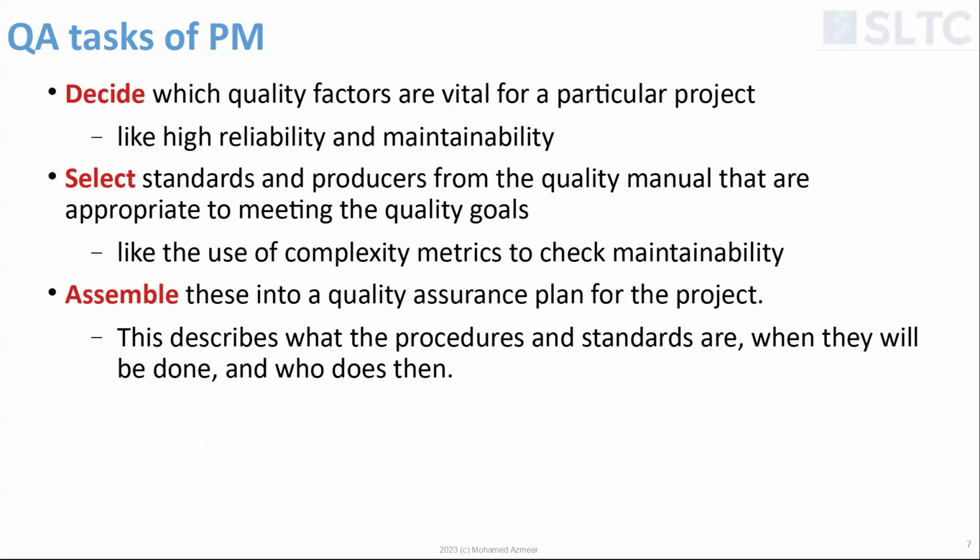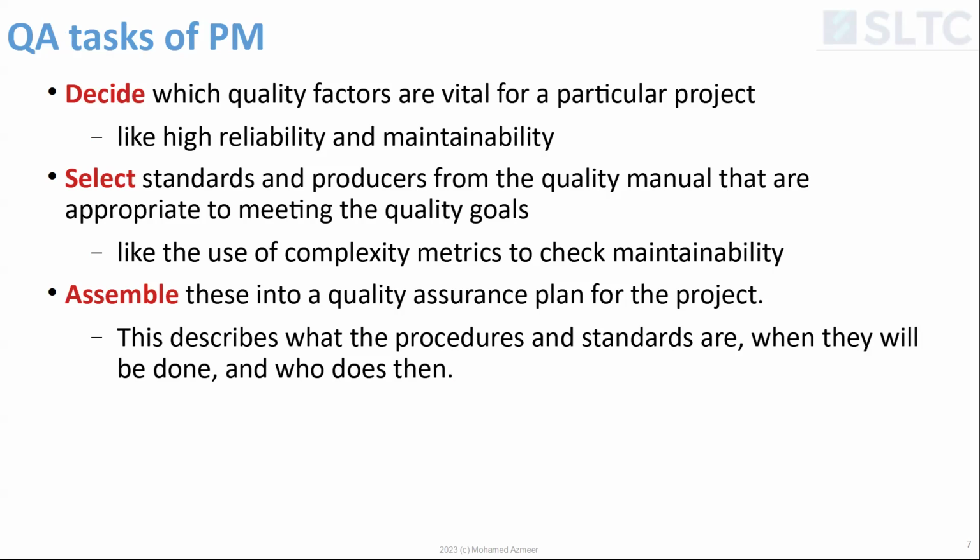Now, who's responsible for the quality process? You look at the project manager, right? We are talking about the overall, the general purpose project manager. The project manager needs to do three things.